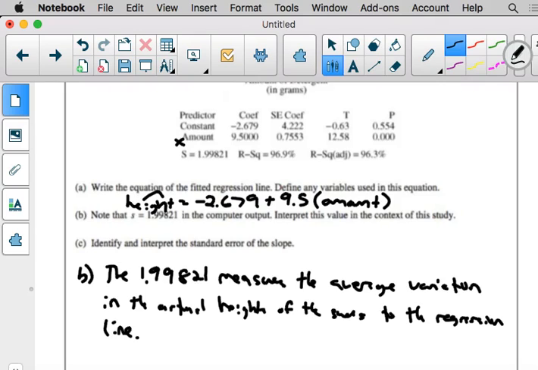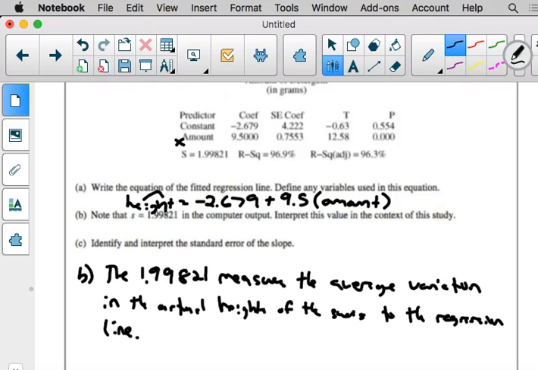Again, the residual means the error from the line to the point, so the standard deviation of that would be the average variation that we're seeing. So the average variation in the actual heights compared to the regression line itself.